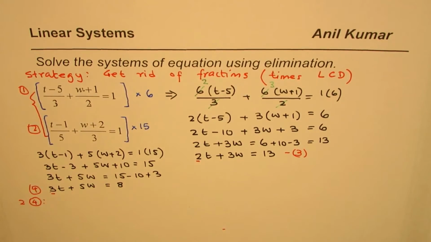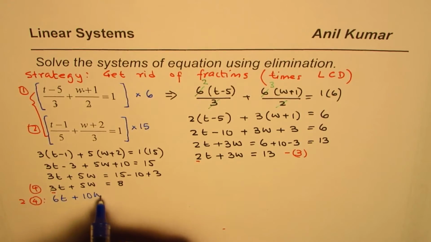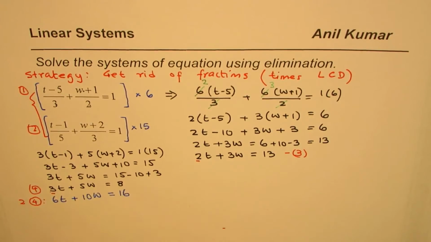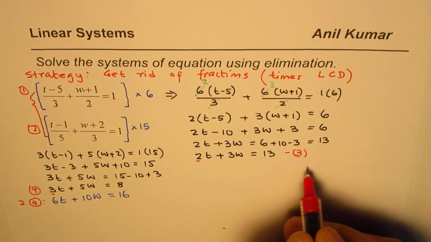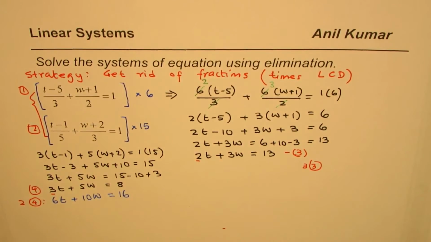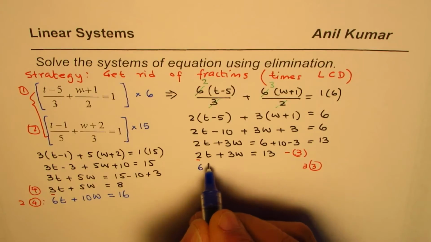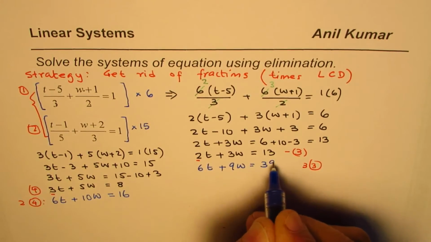That will give us 6t plus 10w equals 16. And on this side, we will do 3 times equation 3. So multiply everything by 3, okay? So that gives us 6t plus 9w equals 39, right?